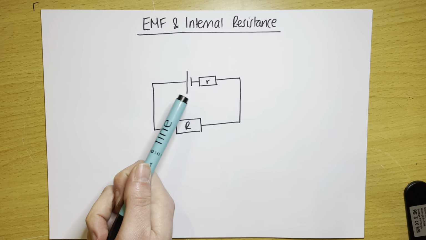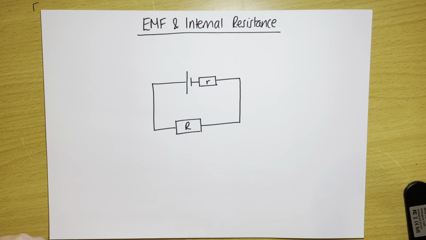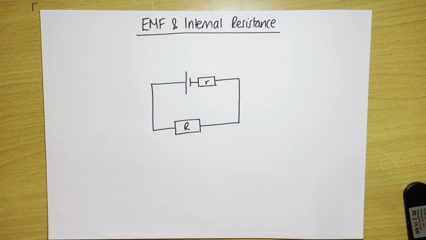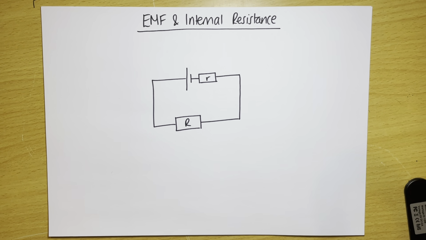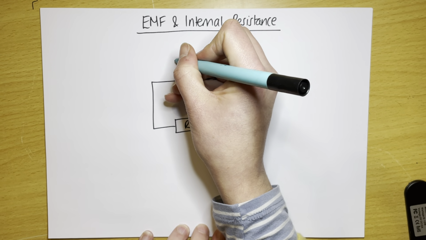You might get 100 joules, but 2 joules is used up working against the internal resistance of the battery. Now, we need to be able to identify different terms and different parts of this circuit. This is a common circuit to show the internal resistance of a cell.